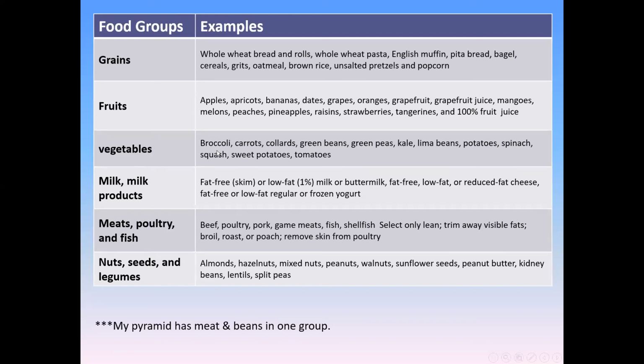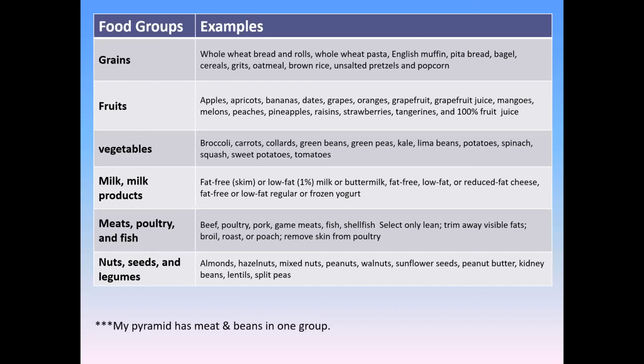Vegetables, like all the fresh and frozen vegetables and canned vegetables. Milk and milk products, whether it's fat-free or low-fat or whole-fat milk products, or frozen yogurt or yogurt. All of these also belong to the milk and milk products.